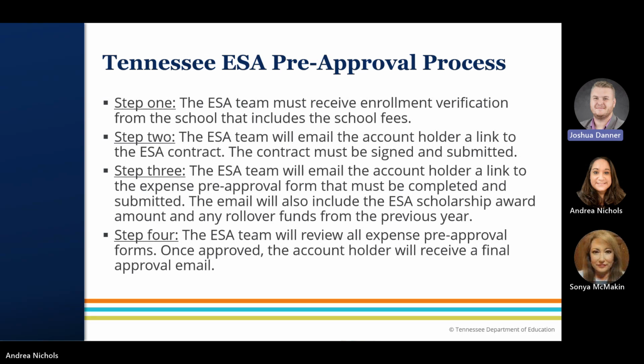Then, the ESA team will email the account holder a link to the expense pre-approval form that must be completed and submitted. The email will also include the ESA amount and any rollover funds from the previous year. Step 4. Lastly, the ESA team will review all expense pre-approval forms. Once approved, the account holder will receive a final approval email.